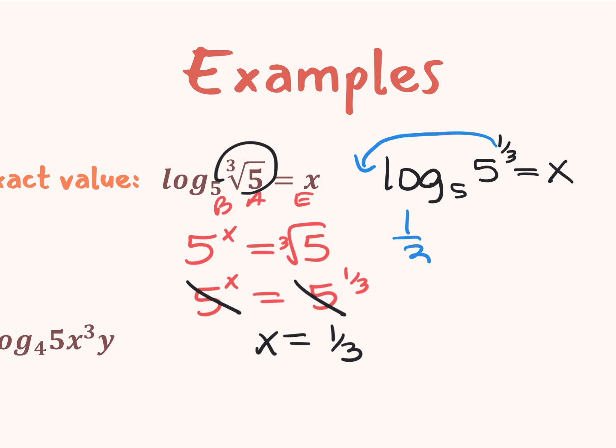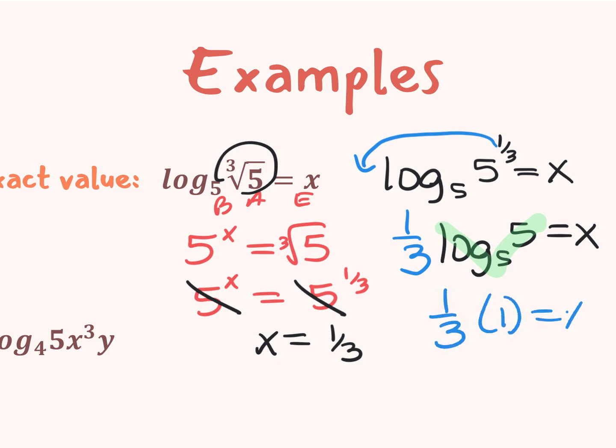It becomes 1/3 times the log base 5 of 5 equals x. So here, if you recognize that the log base 5 of 5, this is just 1. So then really what this becomes is 1/3 times 1 equals x. And this is another way that you could go about solving for x.